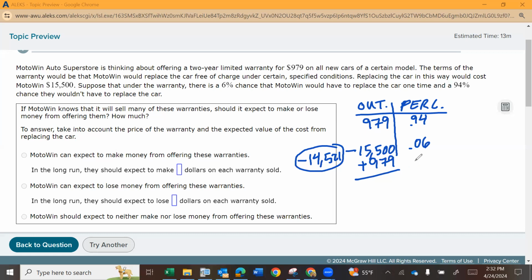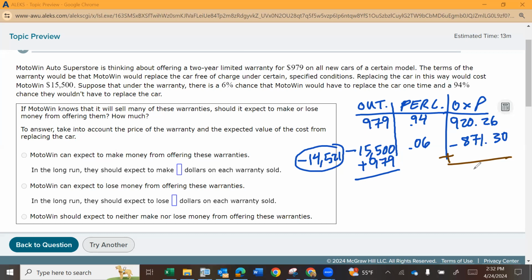So we now take the outcome, multiply it by the percent, and we get $920.26, and we get negative $871.30. I'm going to change color just to mix it up. Then I'm going to add these two together.